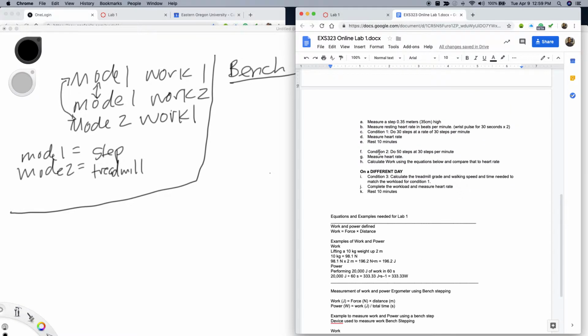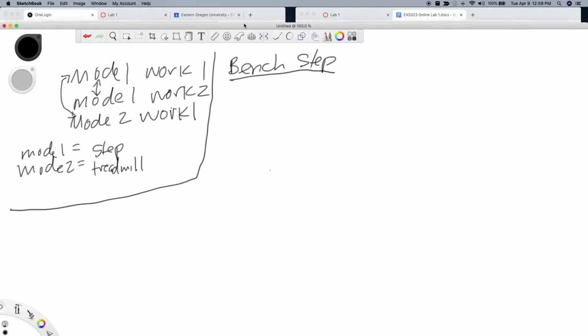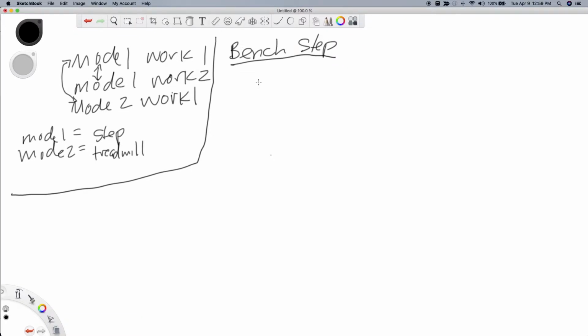So you have a bench step, and let's say your bench step is 0.35 meters high, and then you step on it at a rate of 60 steps per minute. Now, sorry, this is wrong.